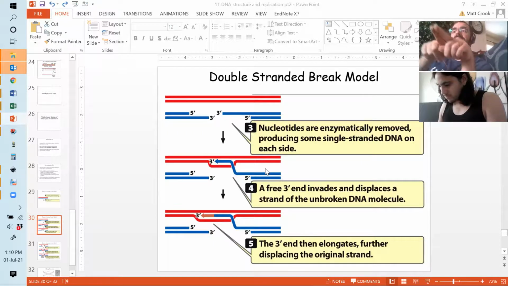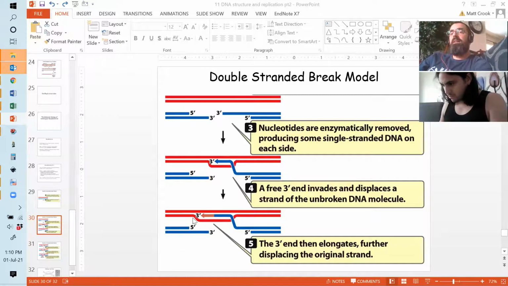And so that continues along, right? It's a very pushy, invasive strand. So it continues for a stretch, and essentially it needs to continue to the point where it can get matched up with the 5' end of the other broken fragment. Okay, so that does one strand.